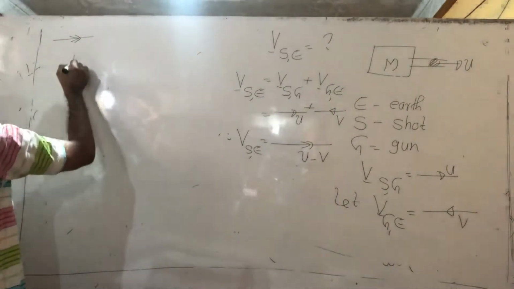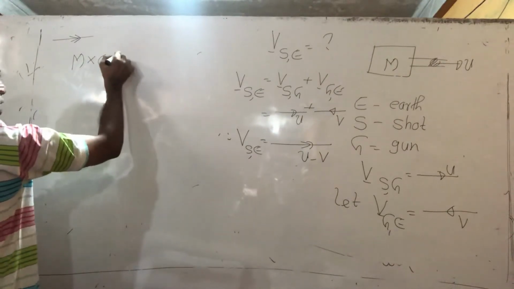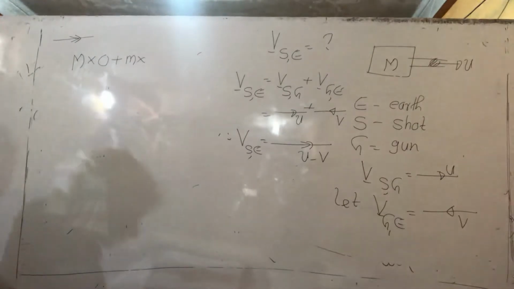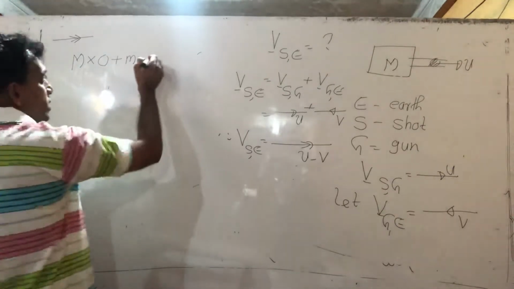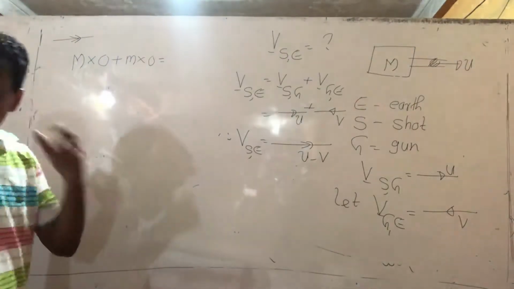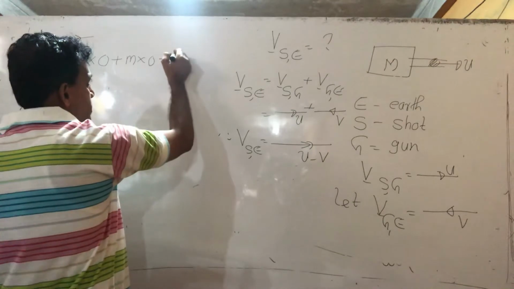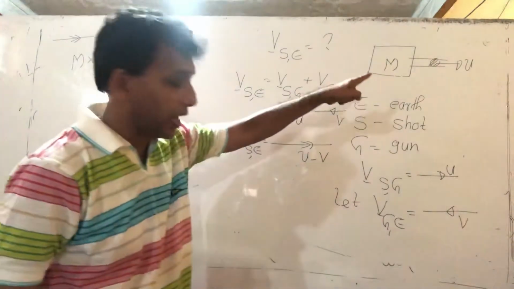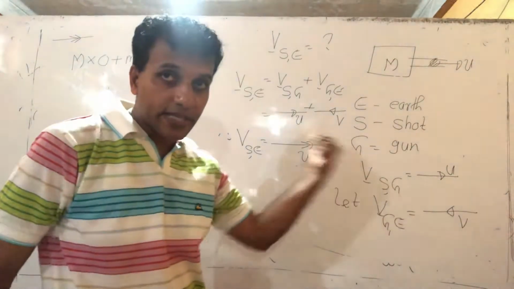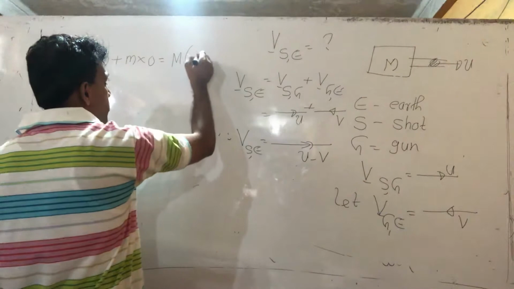Initially the gun and the bullet of mass small m are at rest, so the initial momentum is 0. What is the final momentum? The gun mass is capital M, and its velocity, I said, is in the other direction, therefore minus V, very important.